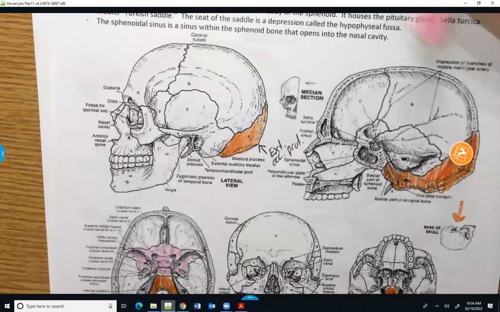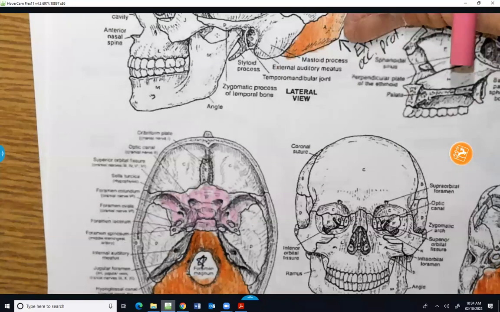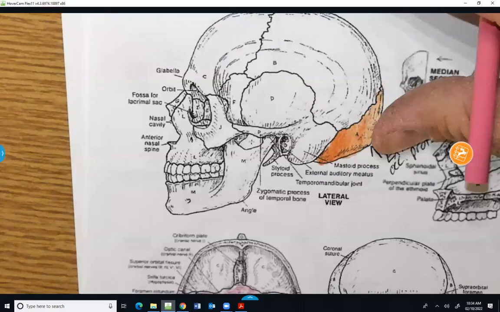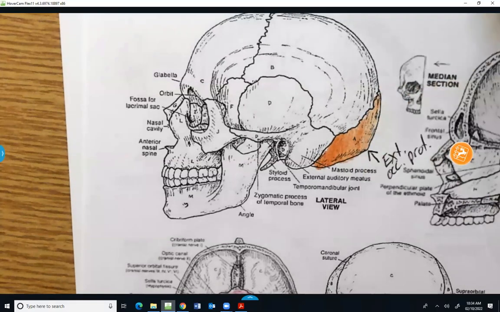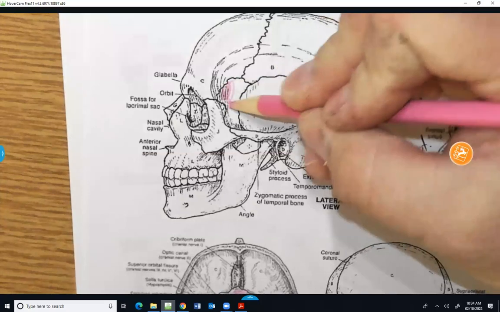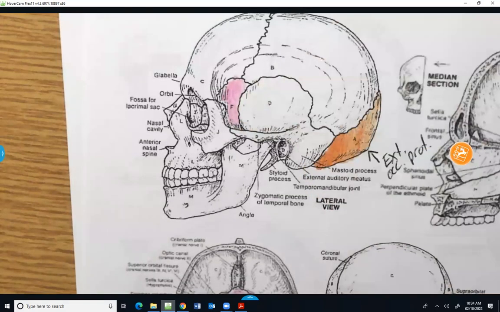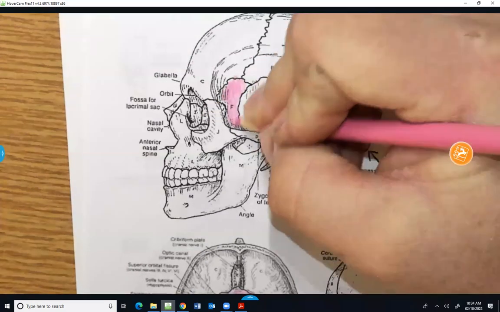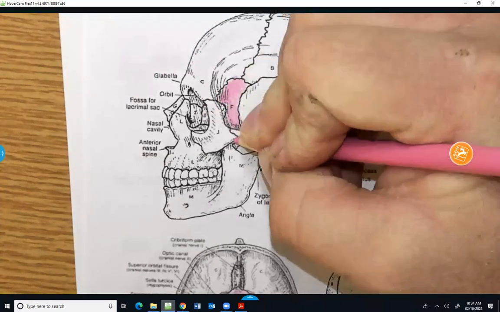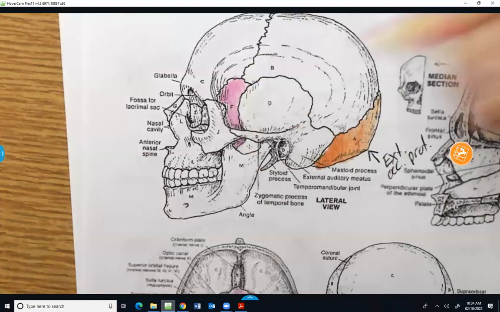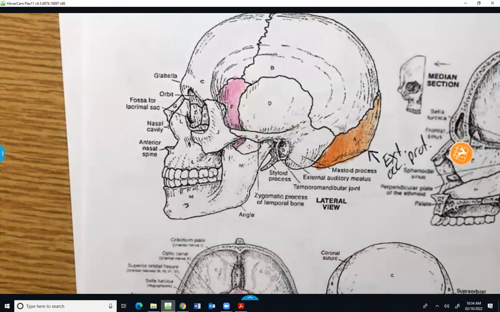Now it not only forms the floor of our cranial cavity, but we can see it in our lateral view because it contributes to the lateral wall. It's kind of weird in that it comes up like it does. So we can see it from the side.